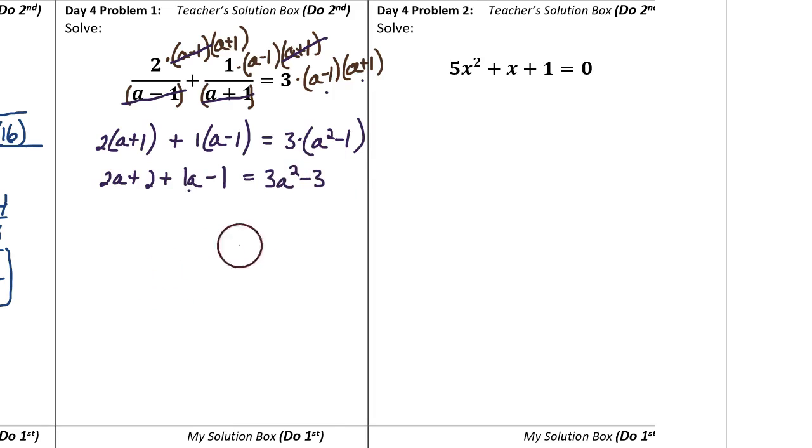Next up, because this is a quadratic equation, let's get standard form by getting a 0 on the right side. So subtract the 3a squared and add the 3. We will have negative 3a squared plus 3a plus 4 is equal to 0.